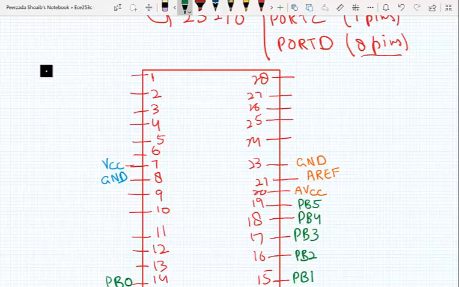Then the rest of the 2 pins are here at pin number 9 and 10, PB6 and PB7. You don't need to remember the pin diagram exactly, but you must know that there are ports, there are pins for voltage supply, and there are pins for ADCs. And then we have PC0.